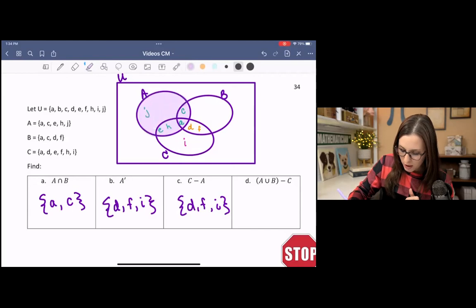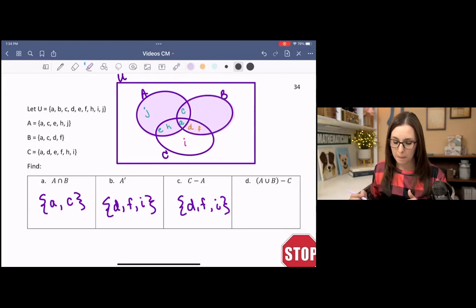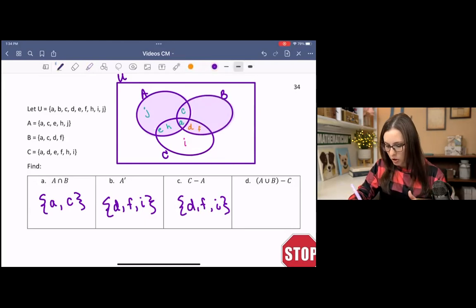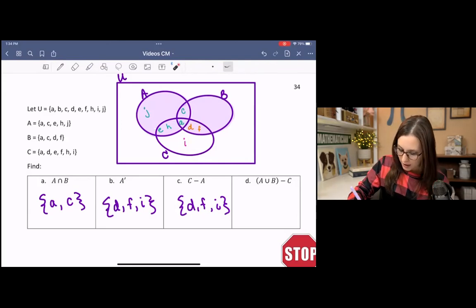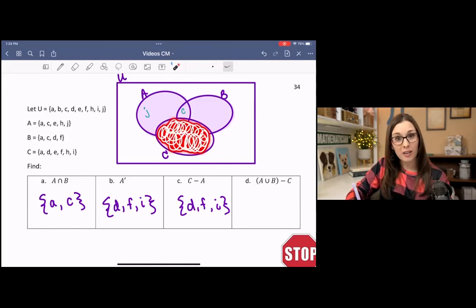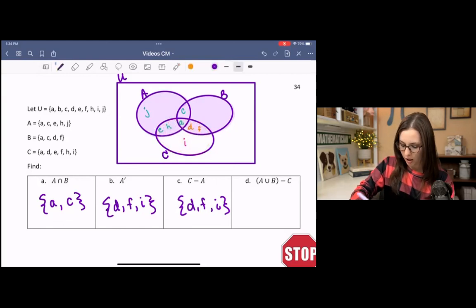We're joining, by way of union, sets A and B. But then we're going to subtract out, pull out C. So I'm going to hide those. And then you write what's left over. And it looks like the only elements left over are C, J.